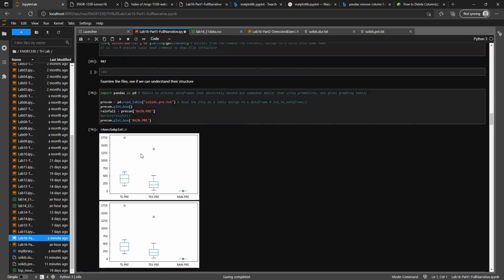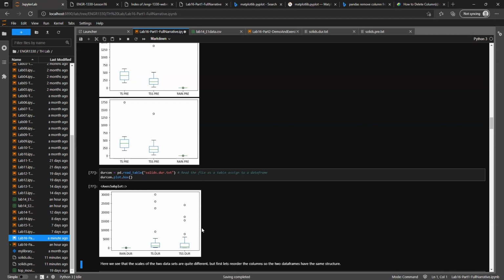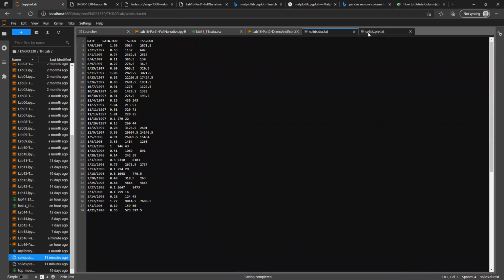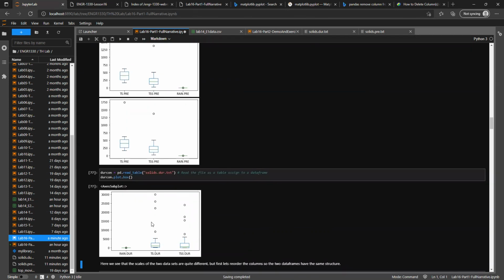All right, so this is the before work goes on, and this is the after. The columns are switched in order. Interesting. But that doesn't matter too much because they have the same names we need.